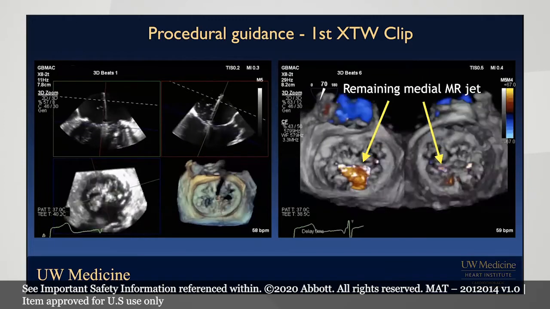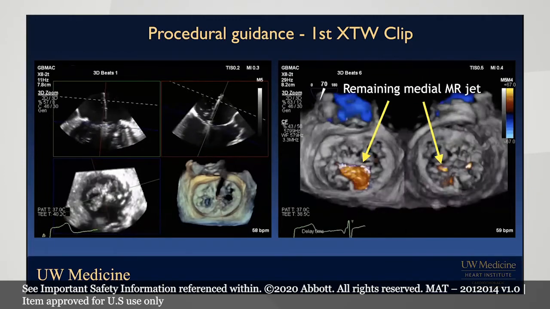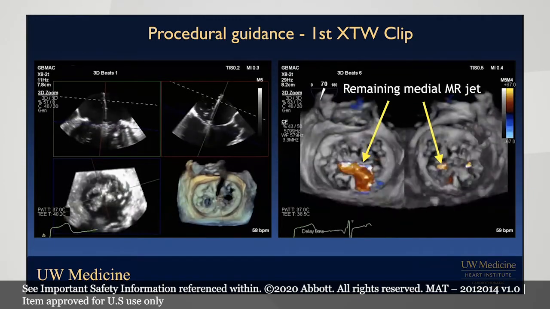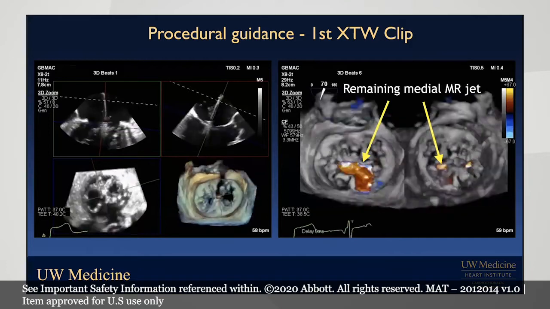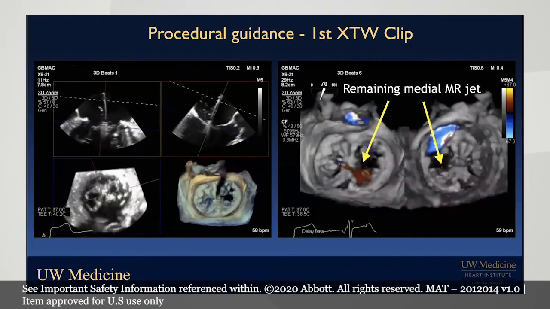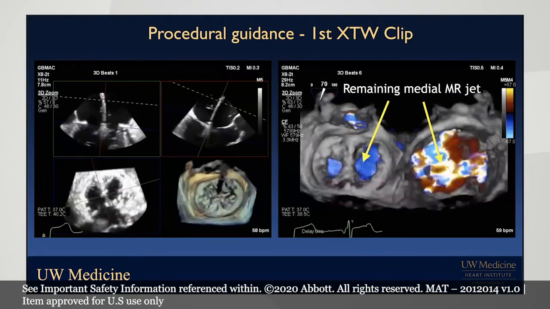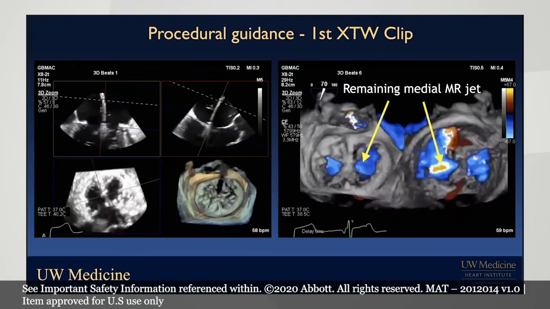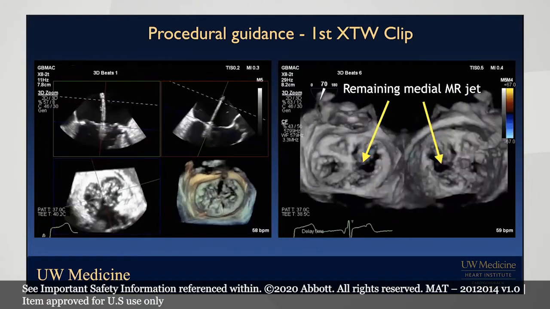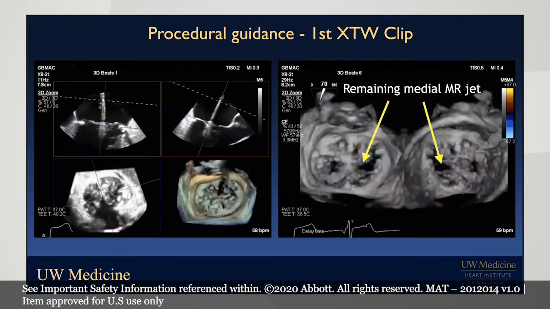For this particular problem, we selected to use an XTW clip to start the procedure. We felt we had sufficient leaflet length and sufficient mitral valve area in order to start with that clip. And we also knew that there was a significant regurgitant orifice where we were hoping that the width of the XTW would help to reduce the regurgitation.